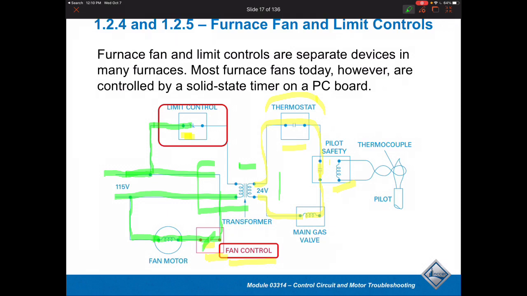Many of these are on the low voltage side, but there are some that are on the high. So this limit control really could be here, or a person could even put it in this circuit over here if they wanted to. So there are a number of ways that we could set that up. I've seen them in a number of places. So that's normally how you would set that up.